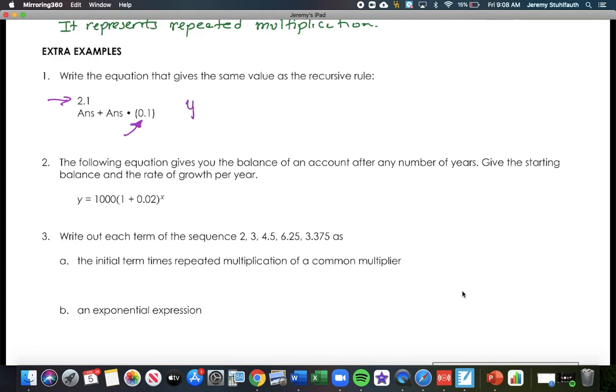So we'd have y equals our starting value, 2.1, times 1 plus our constant multiplier, and then raised to the x power. And you could also rewrite that as y equals 2.1 times 1.01 raised to the x power. So either one of those would be correct.